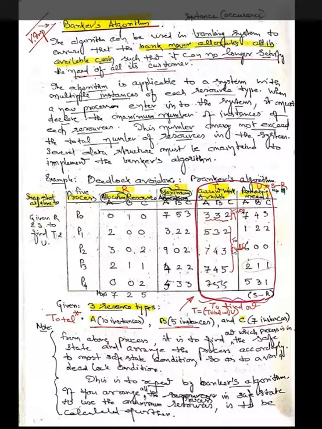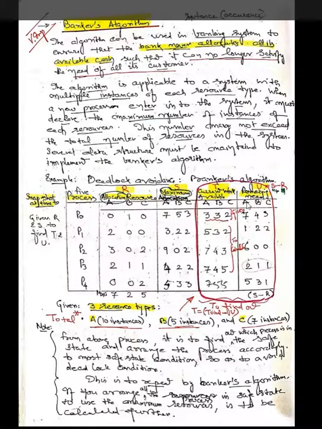In this case, the available resources are shown as 3, 3, 2. From the available resources 332, we have to determine these values, and for that we always compare the remaining need with the available.